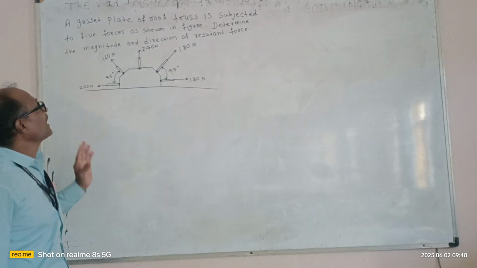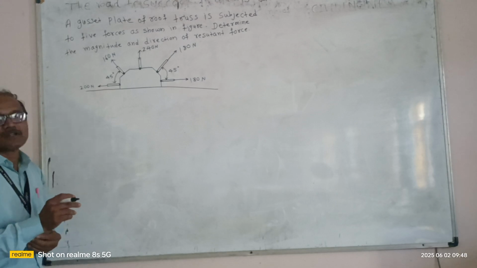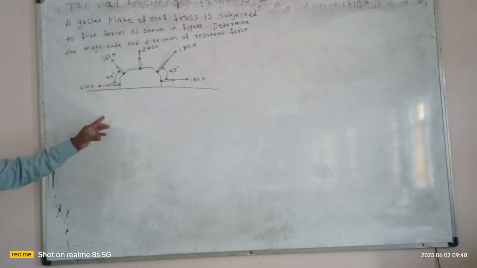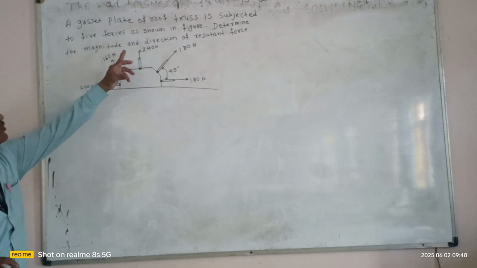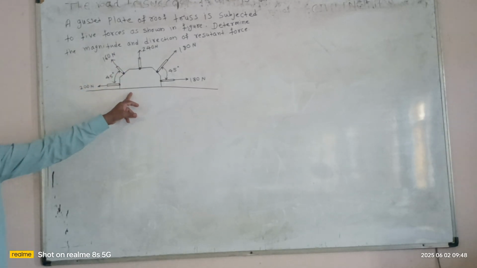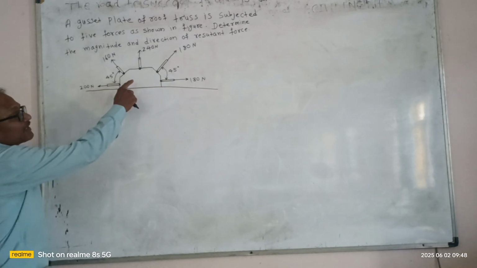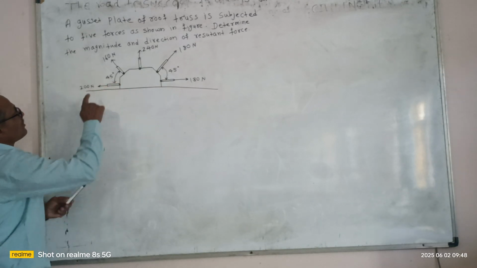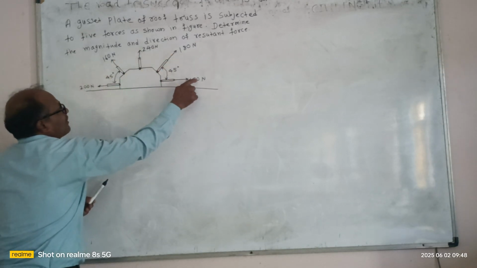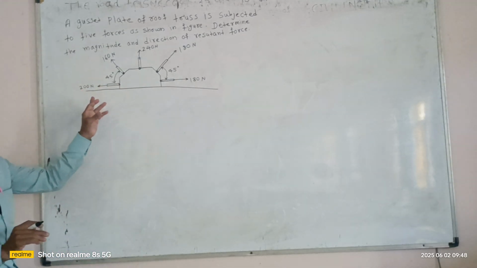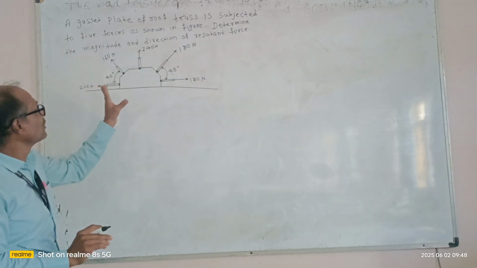Determine the magnitude and direction of the resultant force. As shown in the figure, this diagram is given. It's a gusset plate, and this gusset plate is subjected to a total of 5 forces: 1, 2, 3, 4, and 5. The magnitude and direction of all 5 forces are clearly given.